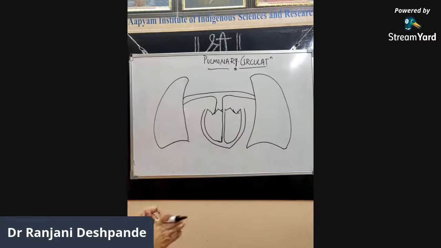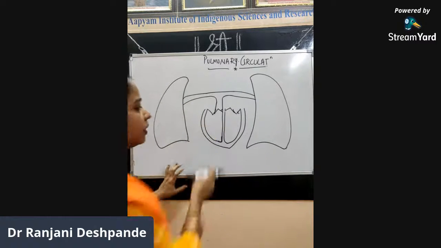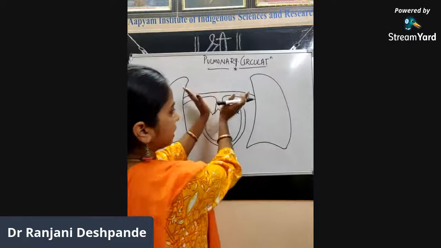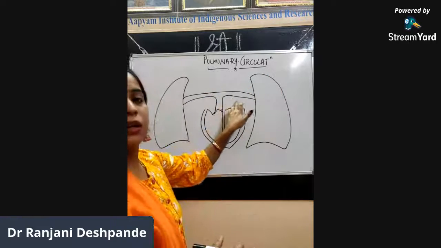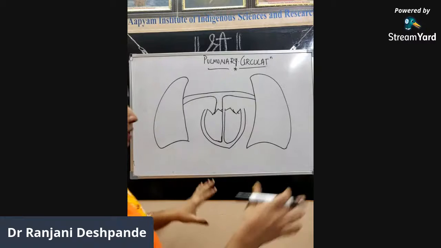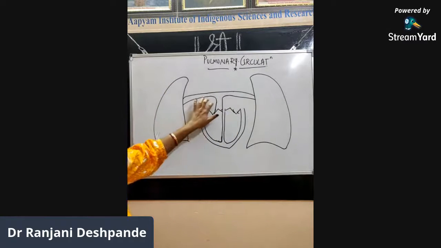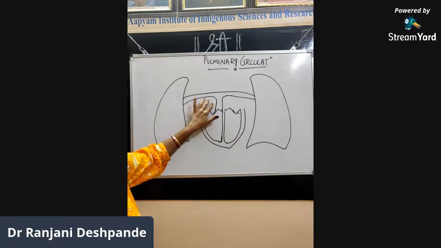Just to brush up, in the last session we had seen that from the right ventricle the pulmonary artery arises and quickly divides into two, each branch entering the lungs for further pulmonary circulation. Today, as a continuation, we are not drawing any other structures because we are mainly concerned with the pulmonary circulation. We are focusing on this rather than the lung pump.